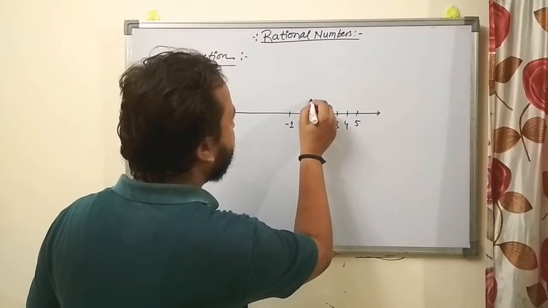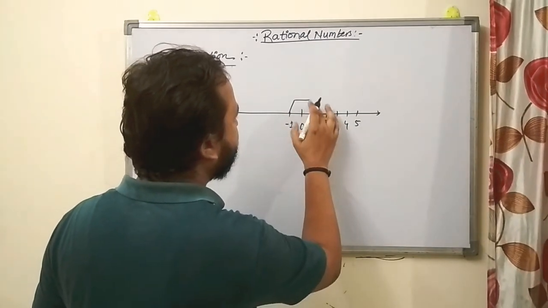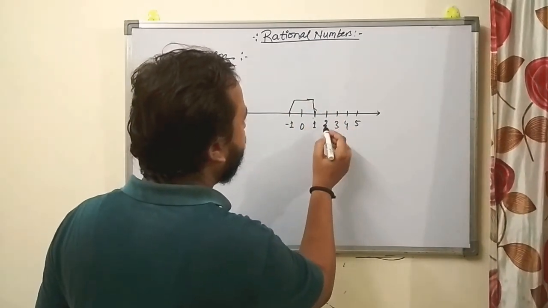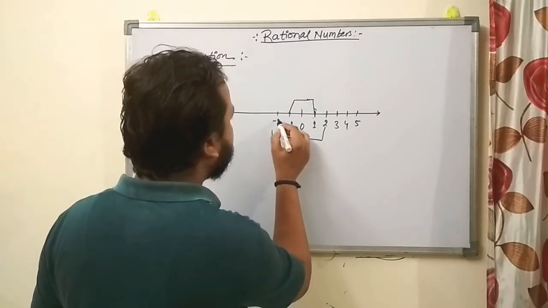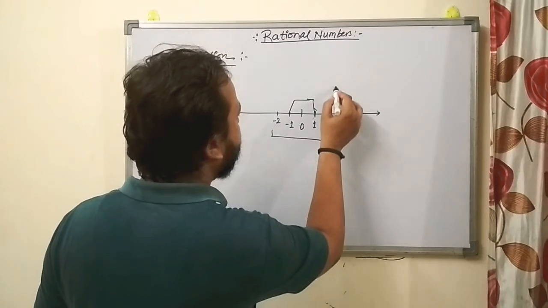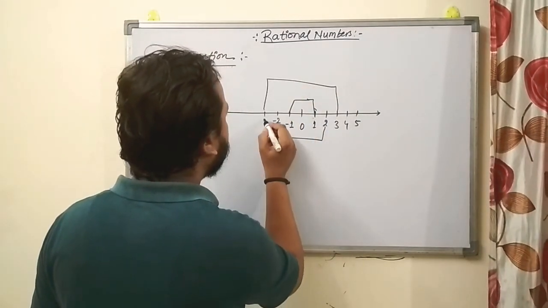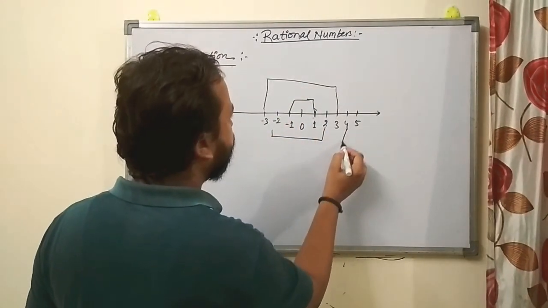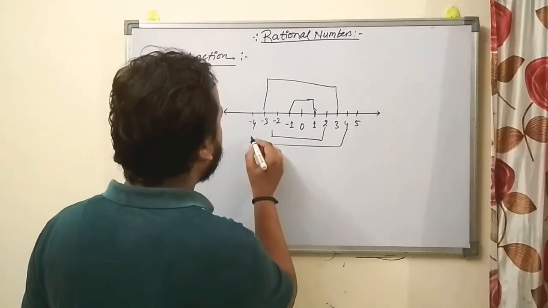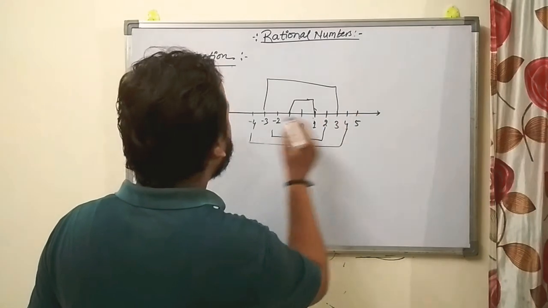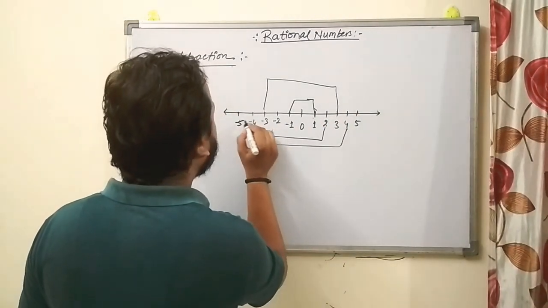That is minus 1, right? If we are talking about the opposite of 2, that is minus 2. Opposite of 3 is minus 3. Opposite of 4 is minus 4, right? And opposite of 5 is minus 5, right?